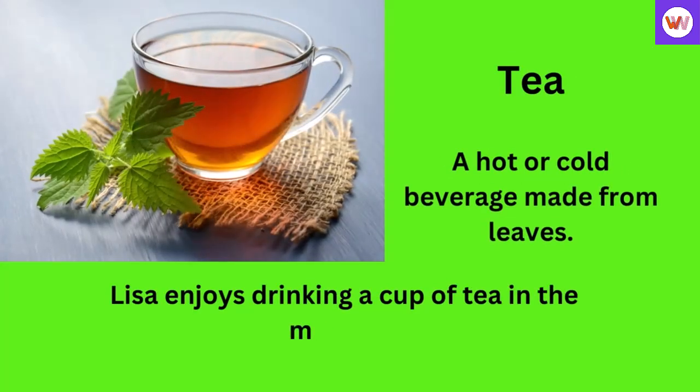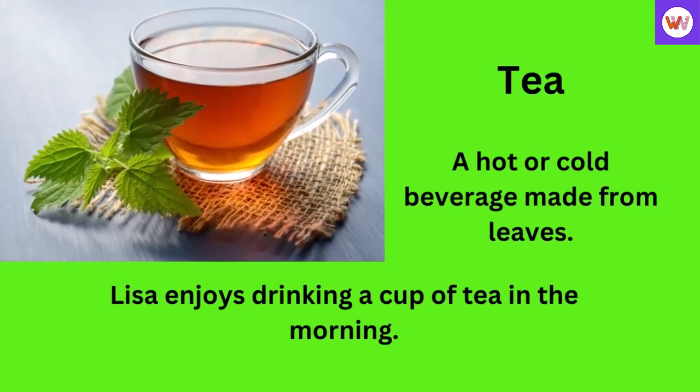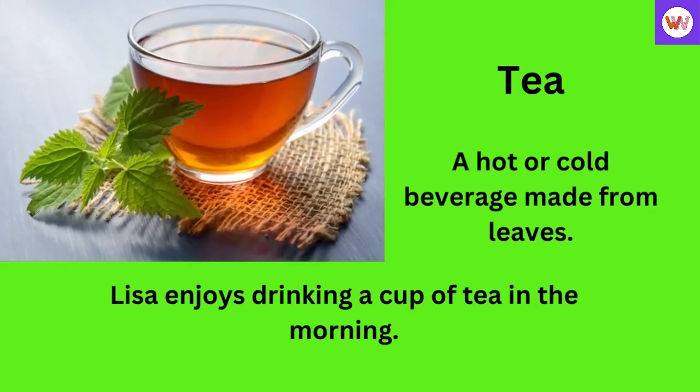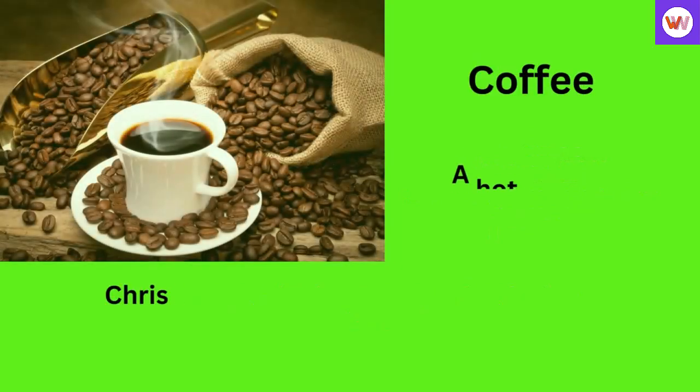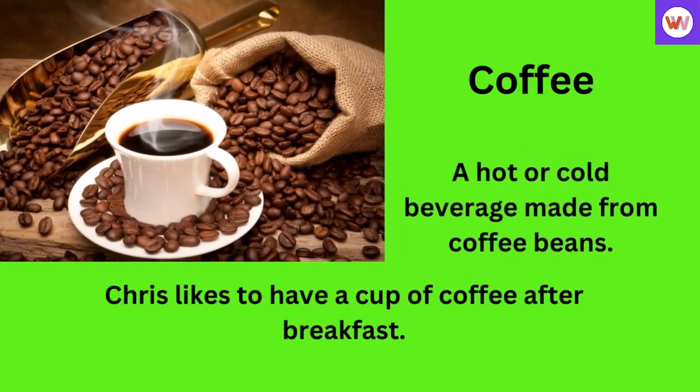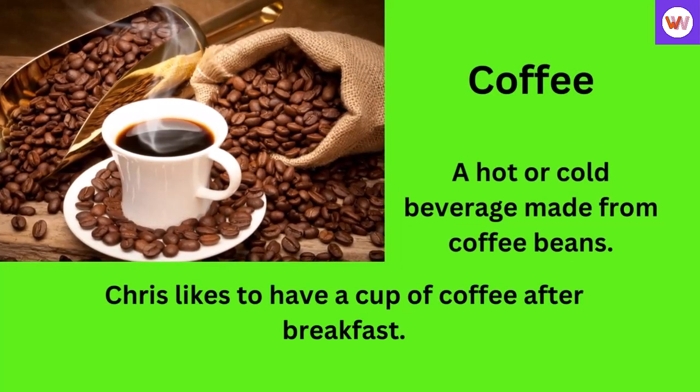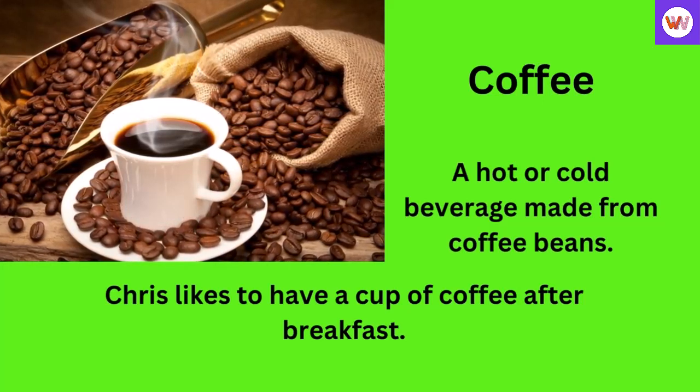Tea. A hot or cold beverage made from leaves. Lisa enjoys drinking a cup of tea in the morning. Coffee. A hot or cold beverage made from coffee beans. Chris likes to have a cup of coffee after breakfast.